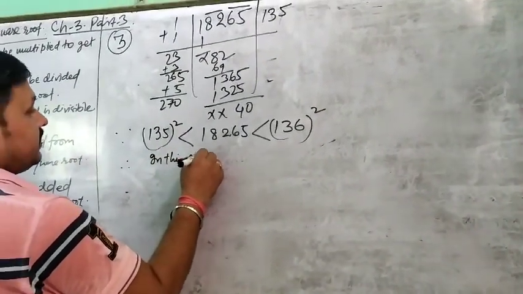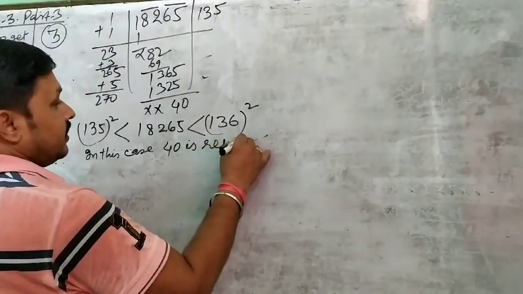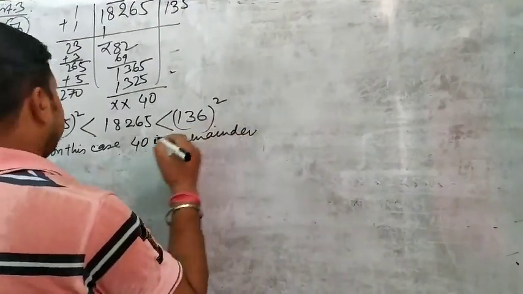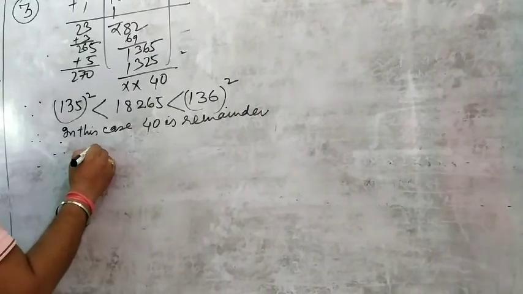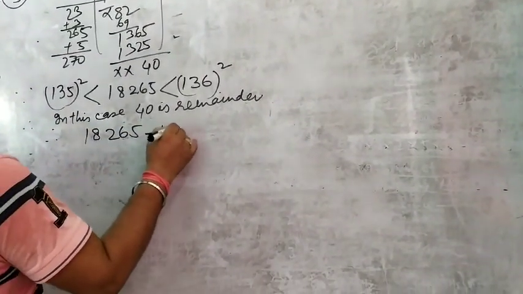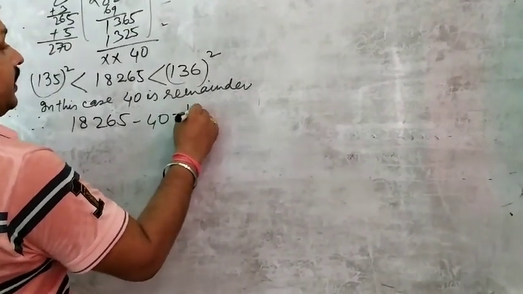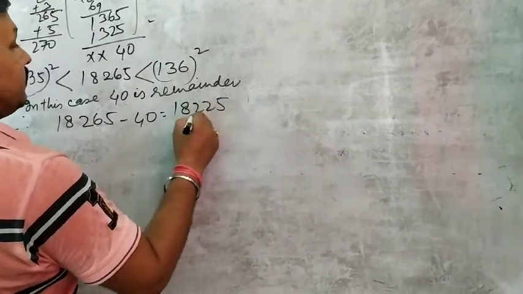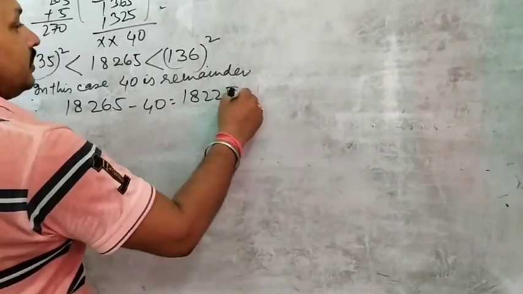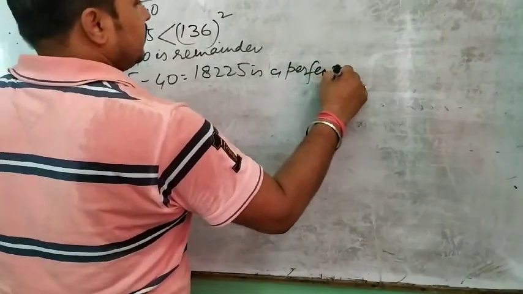In this case 40 is the remainder, so 18265 minus 40 equals 18225, which is a perfect square.